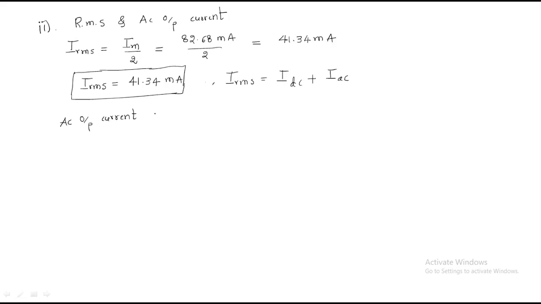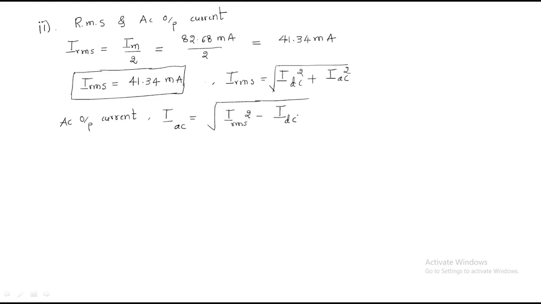So in order to find the AC current, we can directly use the relation: AC current equals the square root of IRMS squared minus IDC squared. We need to find the pure AC.